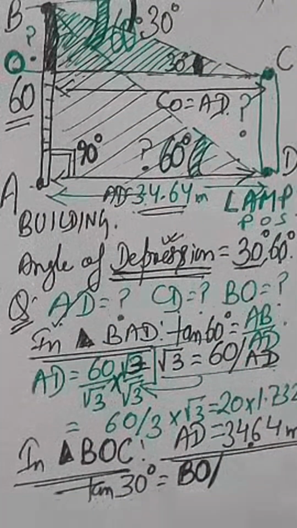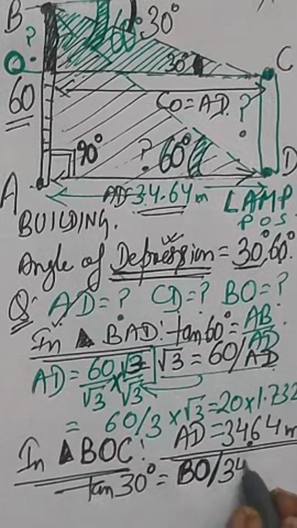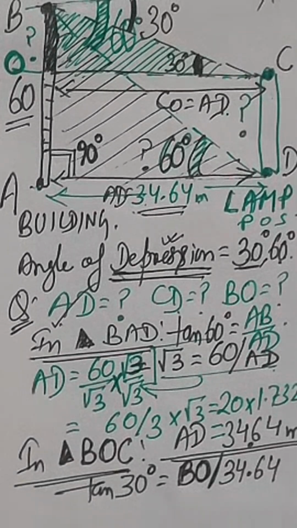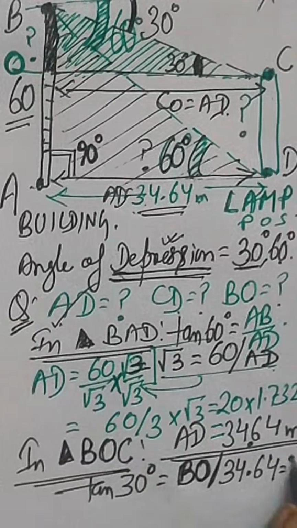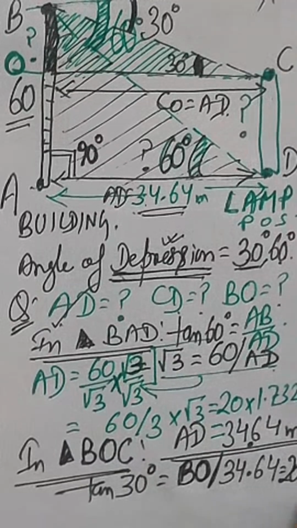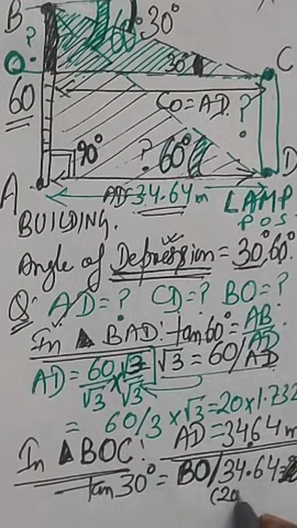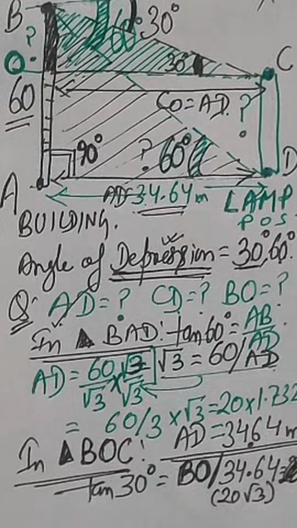Here you can see. So just write 34.64, or we can also write it as 20 root 3, isn't it? We can also write 34.64 as 20 root 3, right?